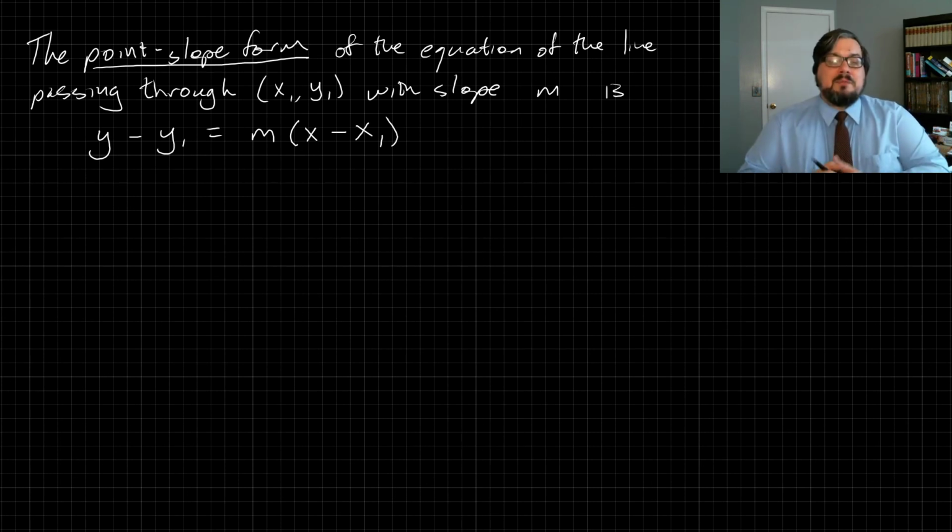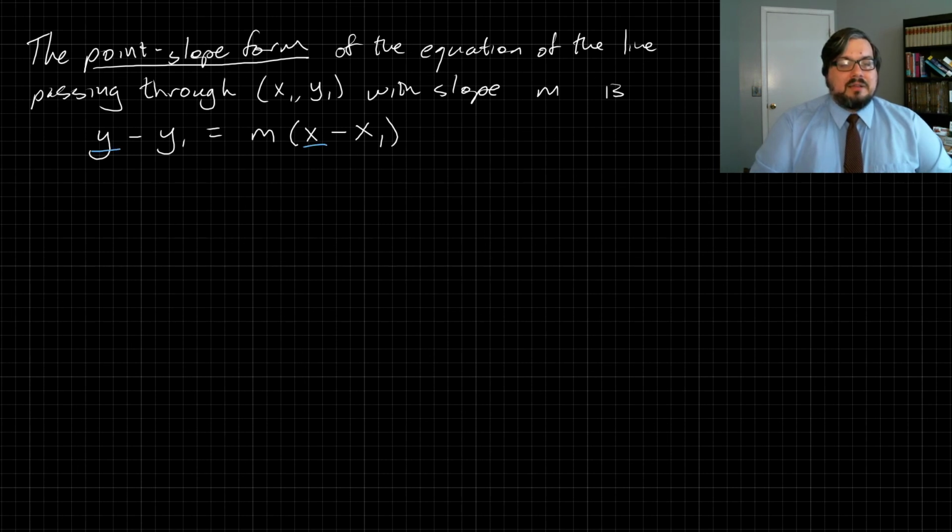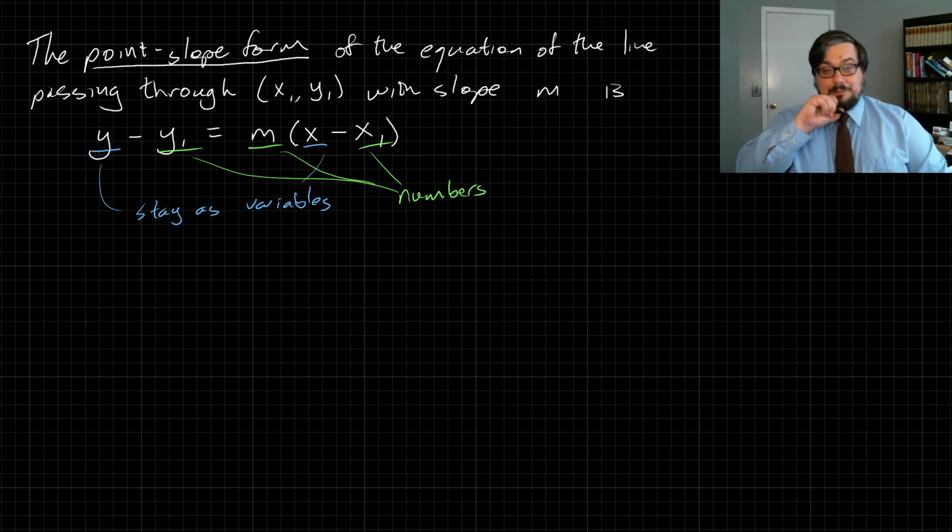Now, it's really important when you go to apply this to remember that when you're building the equation, the x and the y are going to stay as variables. The y1, m, and x1 all get replaced with the appropriate numbers for your problem.